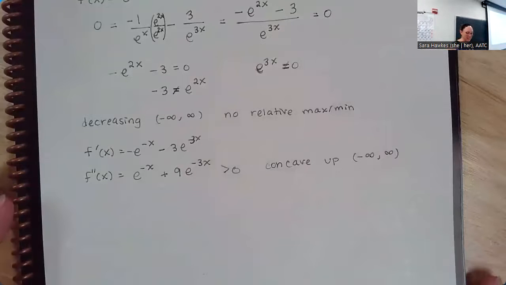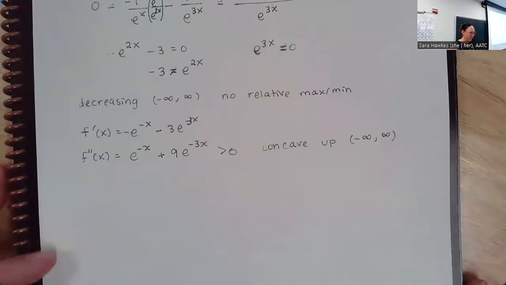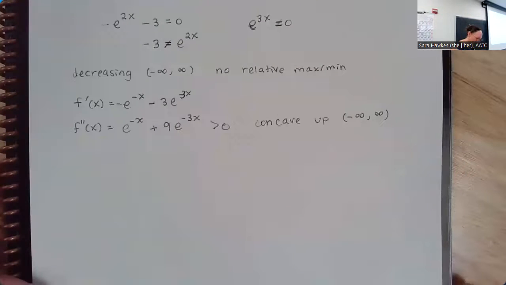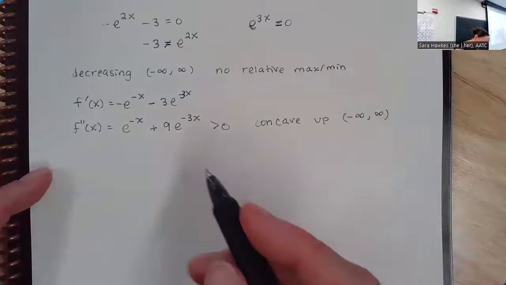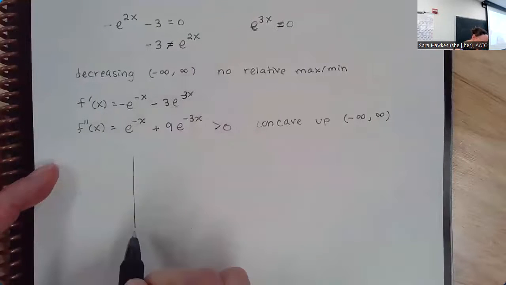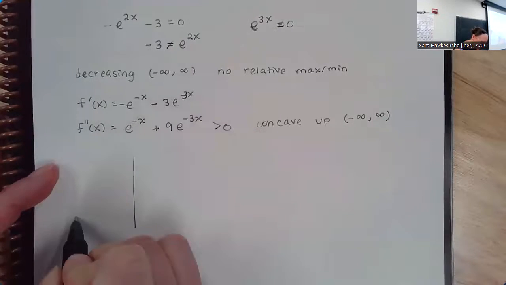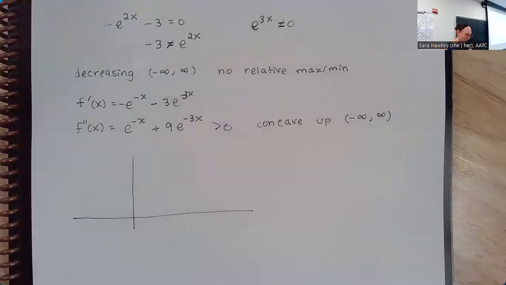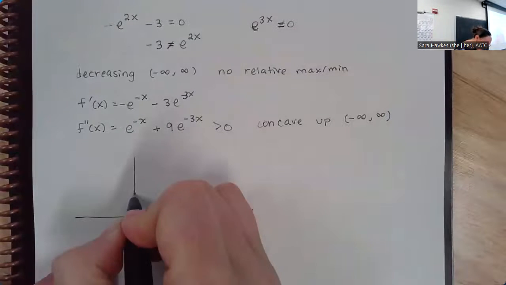So the last part of this asks us to graph it. And based on what we have going on here, this graph, I know, passes through the point (0, 2).